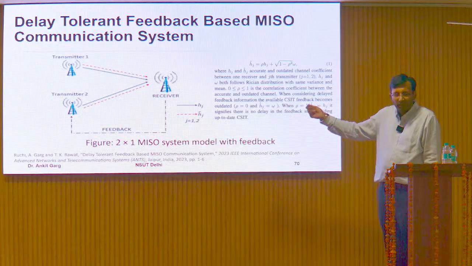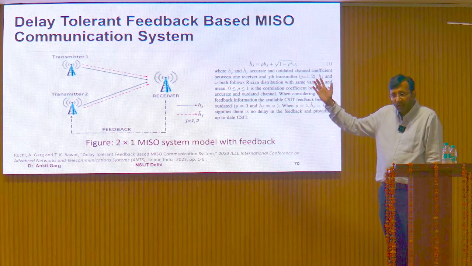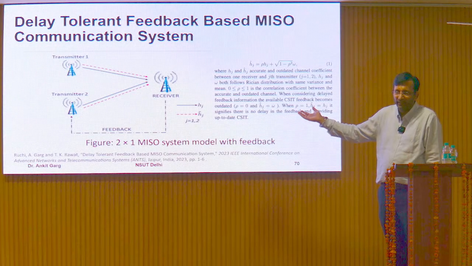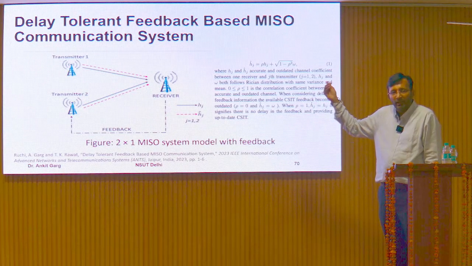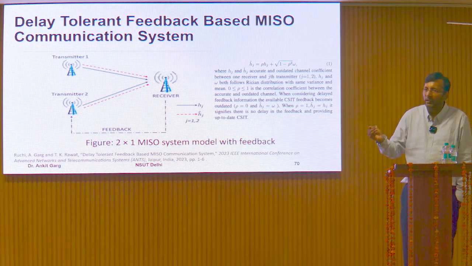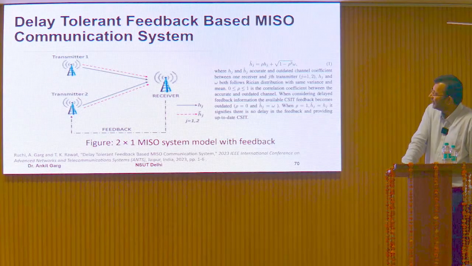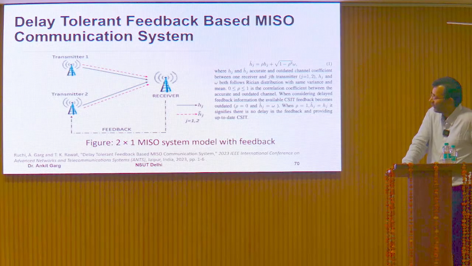And due to the delay spread in the feedback, our information gets outdated, right? Our forward channel values get changed while we receive the feedback. That's known as delay. So we try to make our system delay tolerant as well instead of only imperfect.